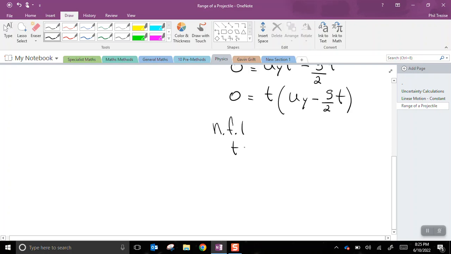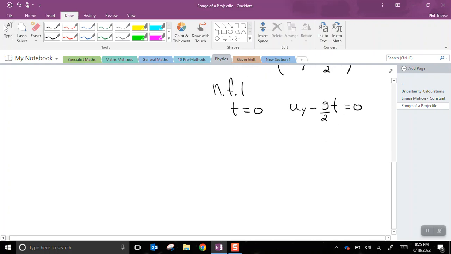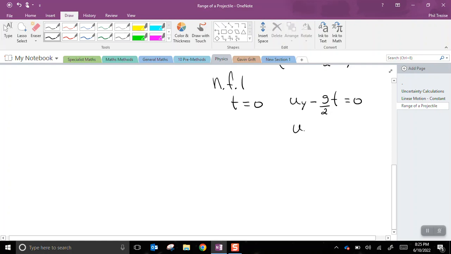So t could equal 0, which would represent the starting point of the motion. Not a very interesting solution. Or we could have that uy subtract g over 2 times t could equal 0. This is more interesting. uy could equal g over 2 times t.